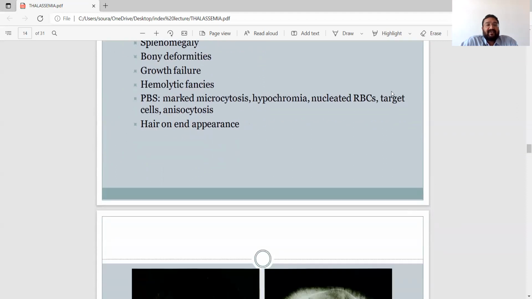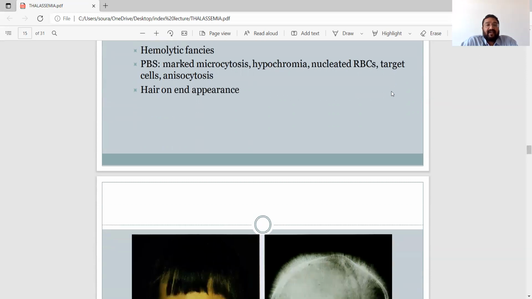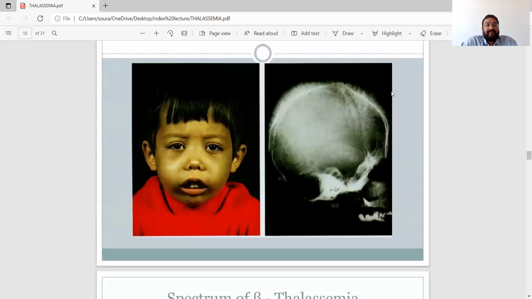On peripheral blood examination, one will get microcytosis, hypochromic picture, nucleated RBCs, target cells, and anisocytosis. On doing X-ray of the skull, one may get a hair-on-end appearance.